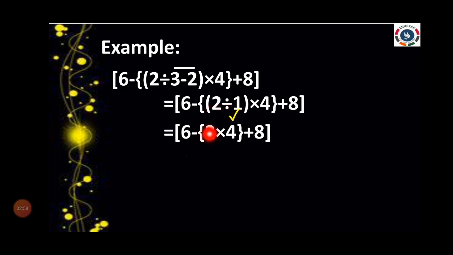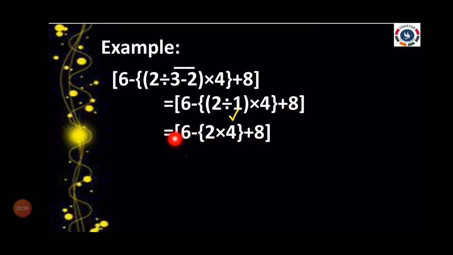Then after that, into 4, that we write. So we have completed solving the round bracket values, so remove the round bracket. If you solved it, we can remove the brackets. So what remains is the curly bracket alone: 2 into 4. Next, what do we have remaining? Plus 8, that we write.